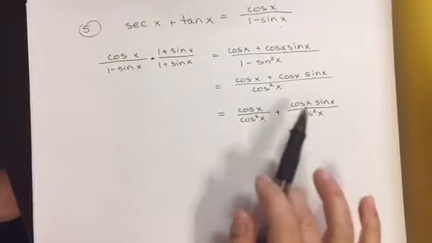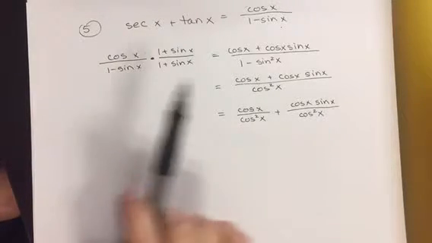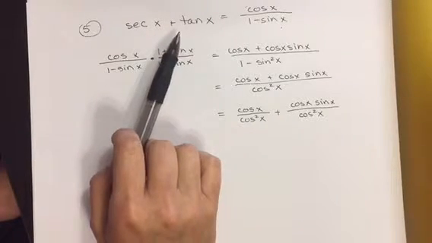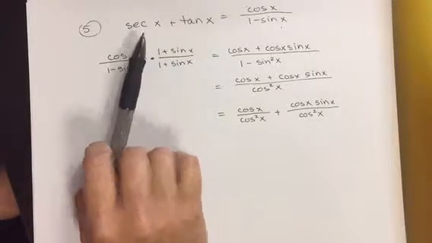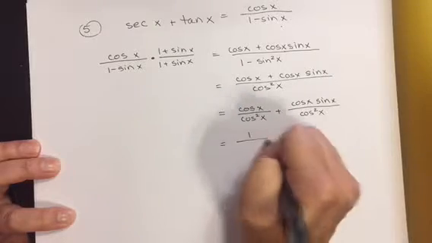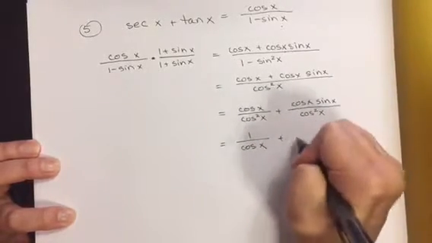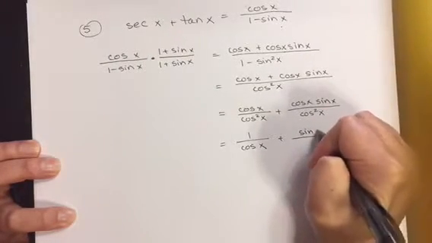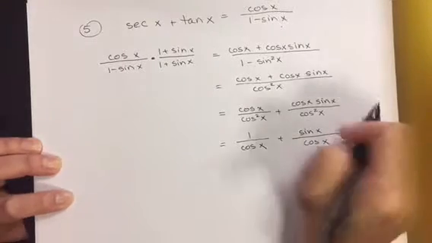So, all right, what do we have going here? Can we use a reciprocal identity? Is that going to help me at all? Maybe. Kind of hard to tell. Is there any way I can simplify? Well, yeah, I can simplify. So this becomes 1 over cosine x, and this becomes sine x over cosine x.